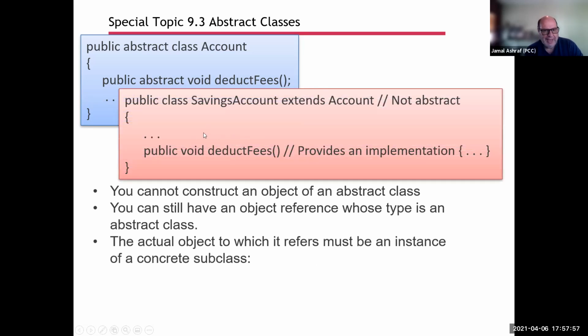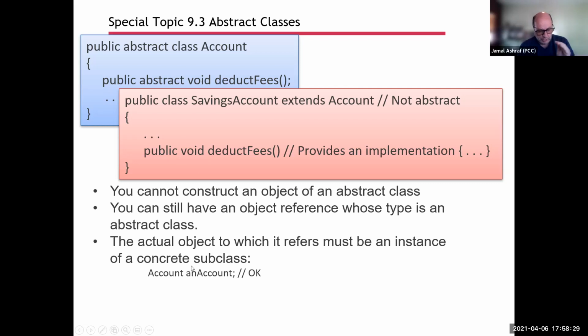If I have a saving account that extends the account, inside of this saving account, I'm going to have the method that was abstract. It doesn't let me move on till I have this method and its implementation. Now I can have a type of account, which is my abstract class, and I can create something in here.